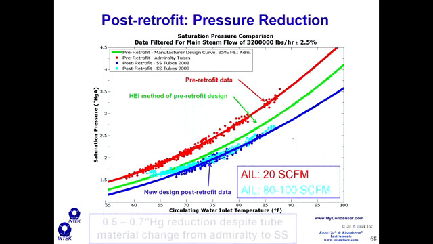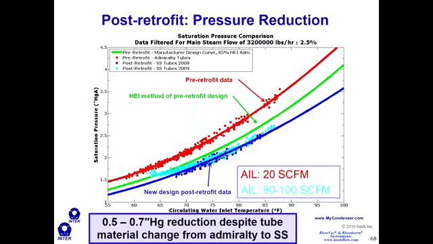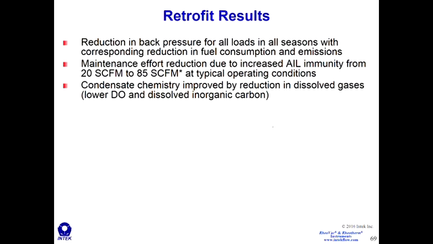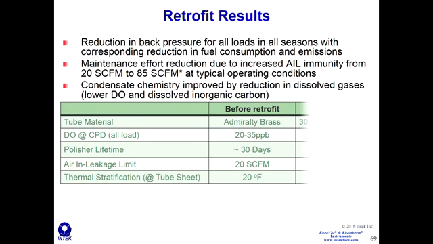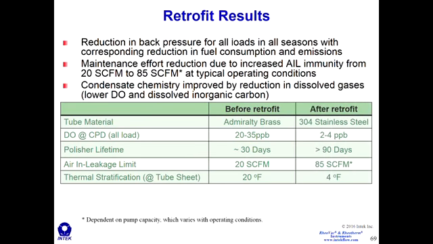And so we'll talk about that tomorrow. And this correlates to about a 1/2 inch to 7/10 of an inch reduction despite the tube material change from Admiralty to stainless steel. Some other retrofit results is a reduction in back pressure for all loads in all seasons.